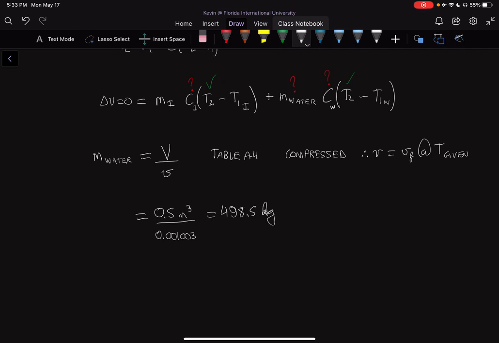Now, in your textbook, this is also example 4-12. In your textbook, what they do instead of using specific volume is they say the mass of the water is density times the volume, which is the same thing.